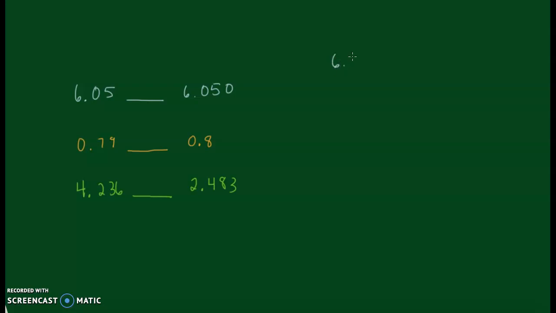So I'm going to start with 6 and 5 hundredths, and underneath that I'm going to write 6 and 5 hundredths with zeros after it. When we're comparing decimals, if there's a whole number, we'll start with the whole number first. And 6 and 6 is the same. So now we'll move on to the tenths place. In the tenths place, we have a 0 and a 0. That's also the same. So now we have to move to the hundredths place.